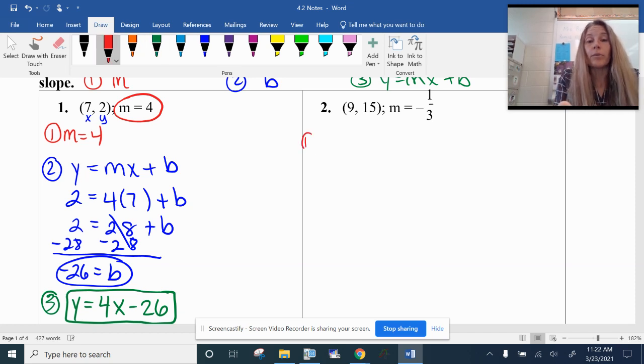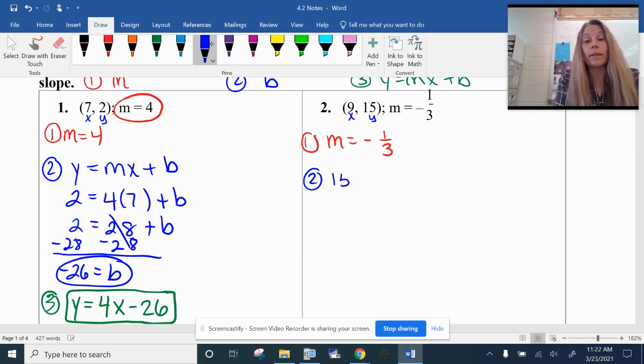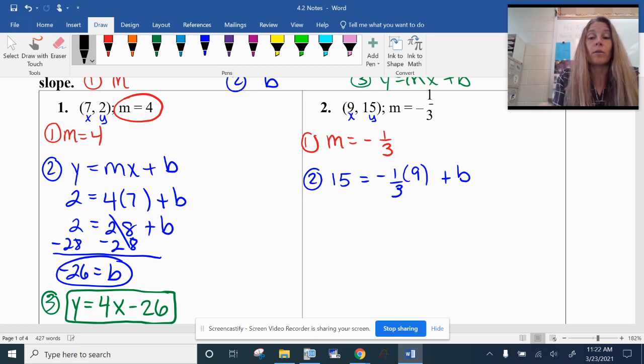Okay, the second example here, finding the slope, which is already identified for us as -1/3. And now I'm going to find my y-intercept by using the point that was given to me and the slope. So we have 15 equals -1/3 times 9 plus b. Now the -1/3 times 9, when I multiply that, I'm going to get -3.